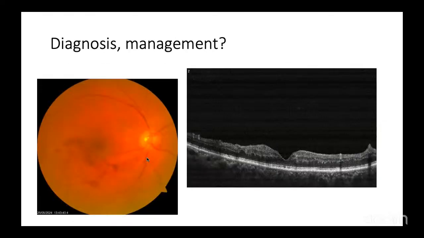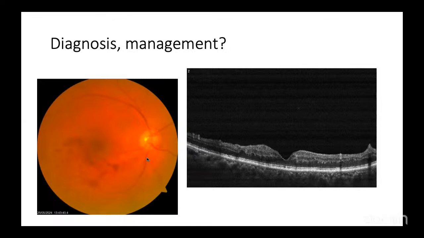Okay, so what will be your management, the treatment, for this patient? According to vision, this patient's vision is more than 6/9. I can observe this patient after controlling systemic risk factors.